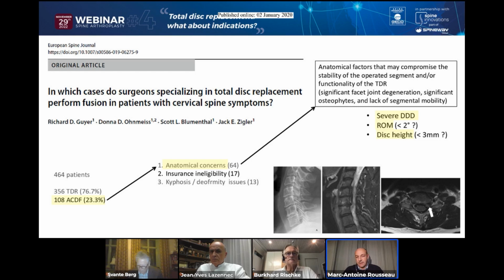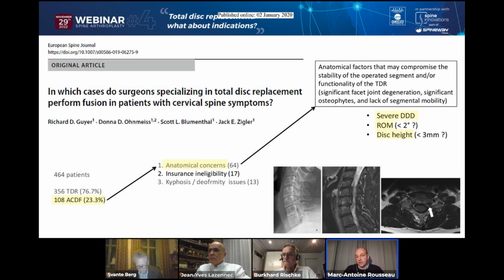And I could say that I belong to this category. In this case, they go up to 75% of their cases using arthroplasty. The other ones, except the problems of deformity or ineligibility, it's about 15% of their cases. They still use ACDF for 15% of their cases when the anatomy shows too much degenerated disc, like a very, very small range of motion.